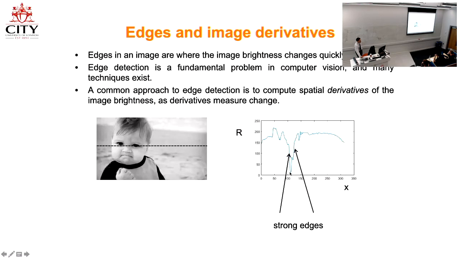It's dark again and it's bright again. As you can see on this line, I'm passing through the eye. So there is a very big difference here. The way you can calculate this difference, as you remember, is to take a derivative. If the derivative value is higher or lower than a threshold, you can decide whether it's an edge or not.